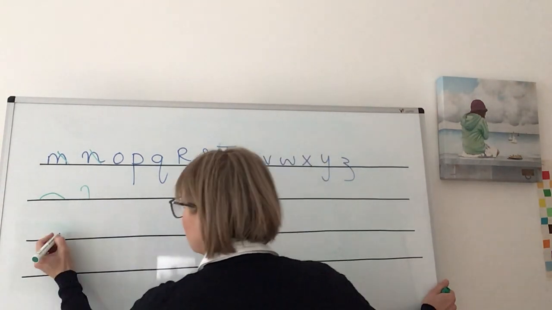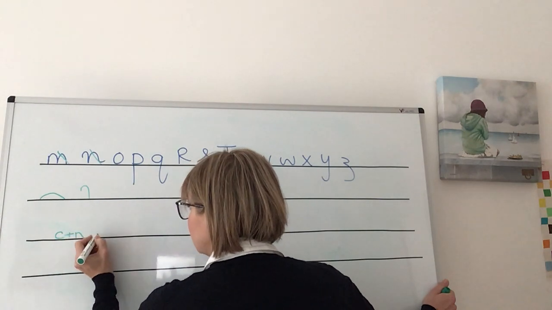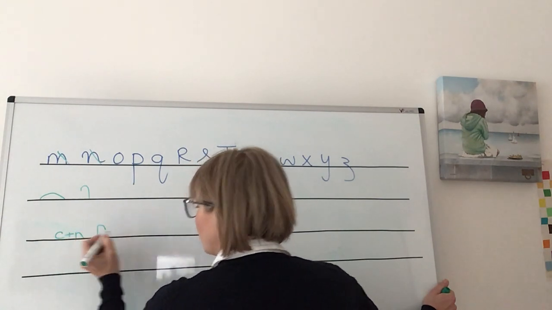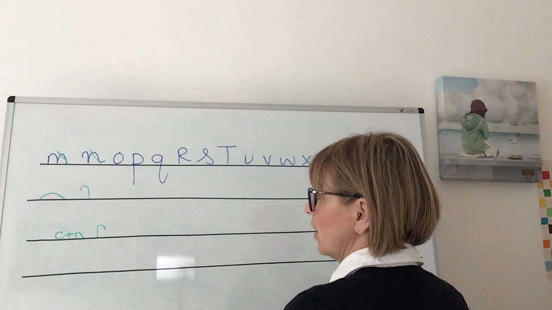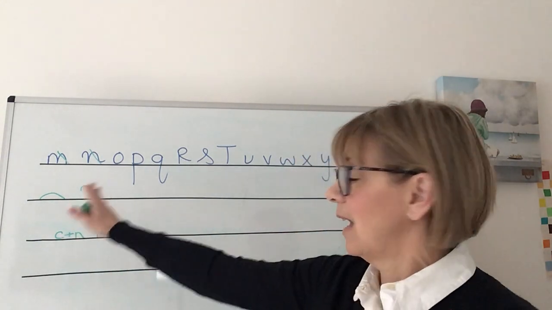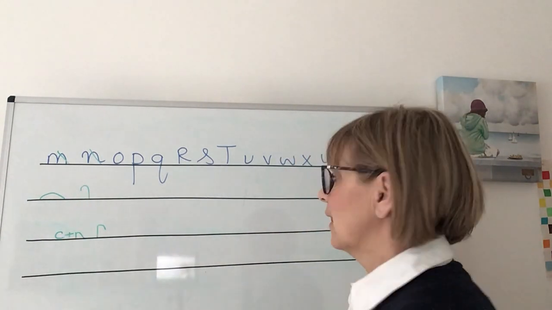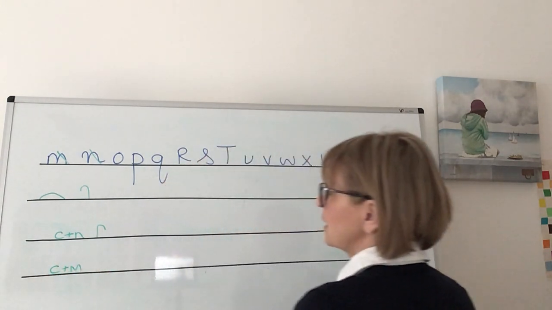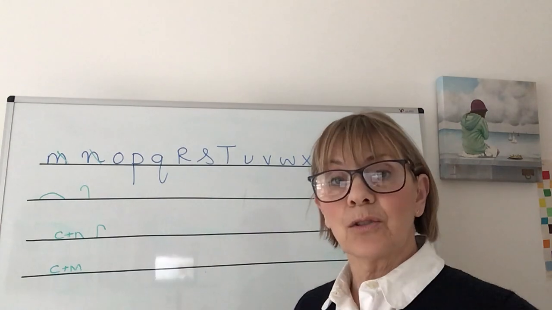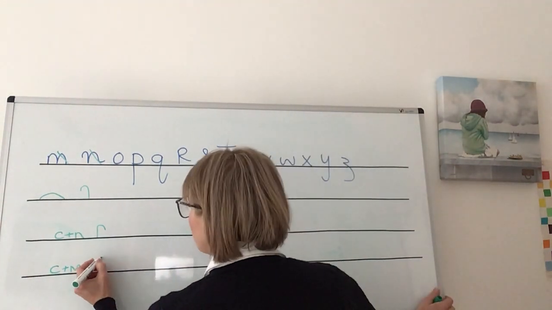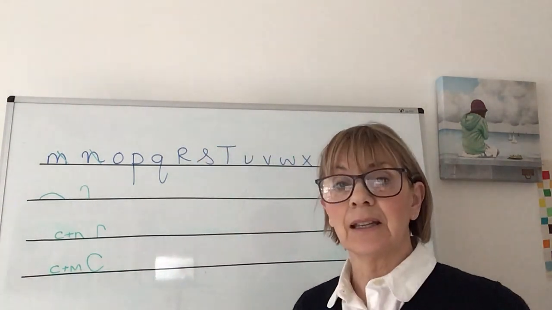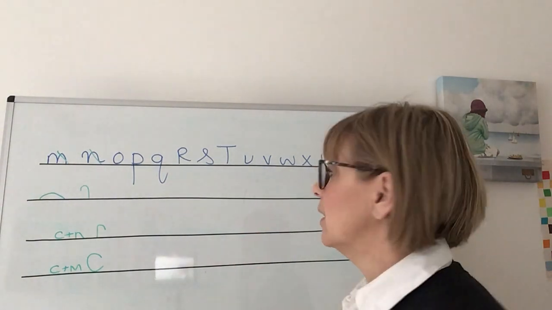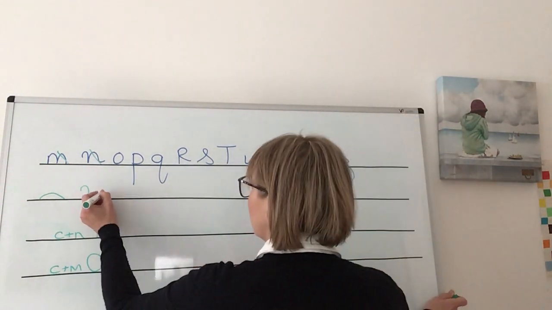So C plus N is written in the other direction. So you've got N like that and CN like that. And in the same way, if I wanted to join C and M, it's also quite hard. So we use a big C, and that's CM plus M.